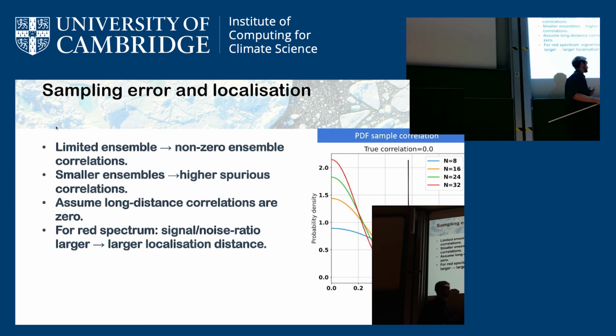So the way that's dealt with in data assimilation is usually to say, from a certain point, if your sample correlation is smaller than a certain value, you consider your correlation to be 0, and that's a function of space. So basically you say, if the distance between the points becomes large, you taper your correlation to 0.